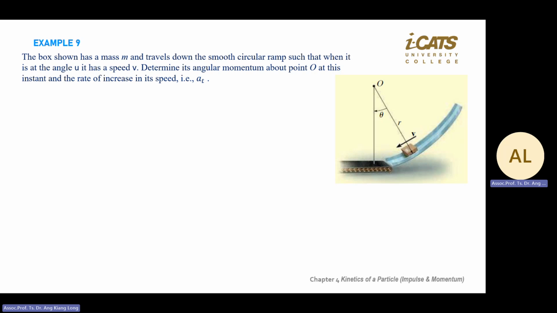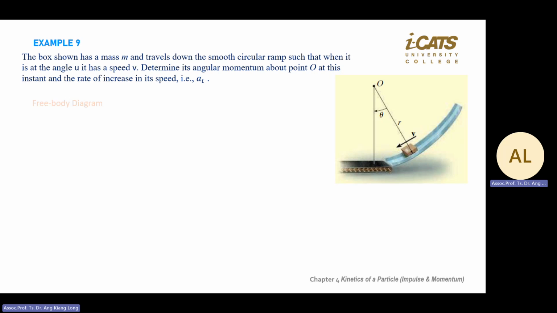This is a typo, it should be angle theta here. The mass has speed v. Determine the angular momentum about O at this instant and the rate of increase of its speed. The rate of increase of the speed is actually its acceleration.